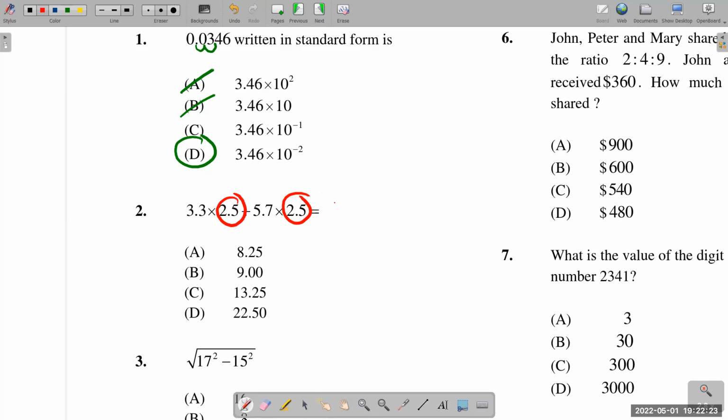So I could take out 2.5 and we're left with 3.3 plus 5.7. Everybody see that? So I could add the brackets. So it's going to be 2.5 times, what am I going to get? 9? And even if I was to estimate without multiplying, which one would you pick?